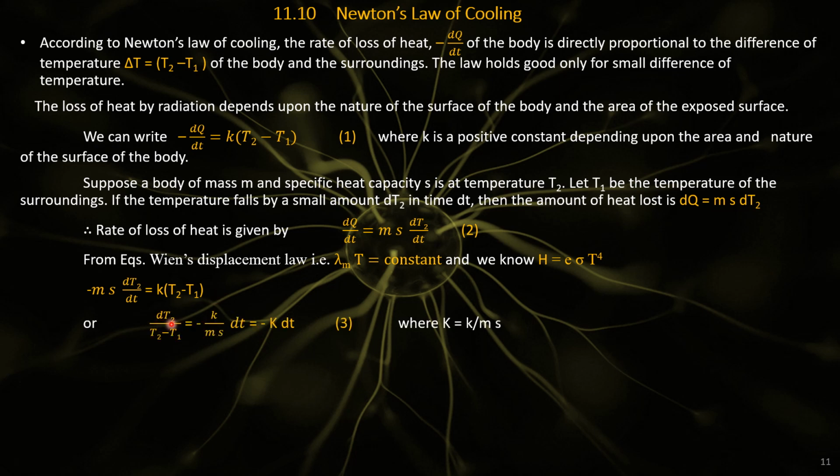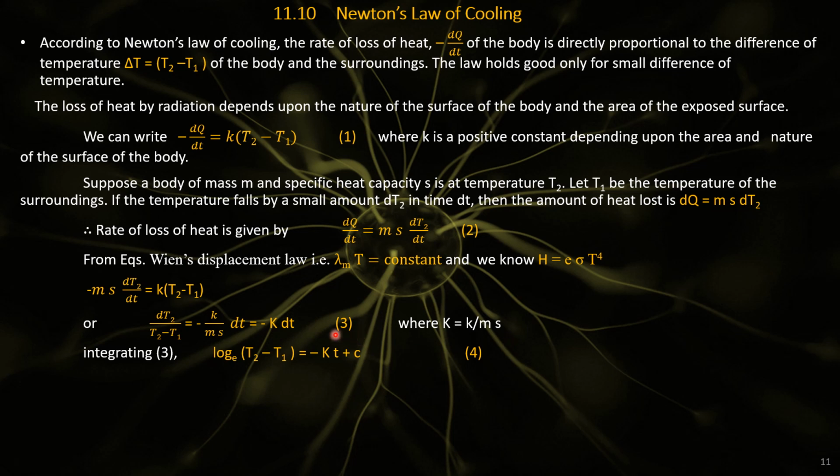Now we can rearrange this equation, retaining dT2 and shifting T2 minus T1 to the left side denominator, equals minus k divided by m s into dt. That can be written as minus of capital K into dt, because small k divided by m into s itself is a constant, where capital K is equal to small k by m s.